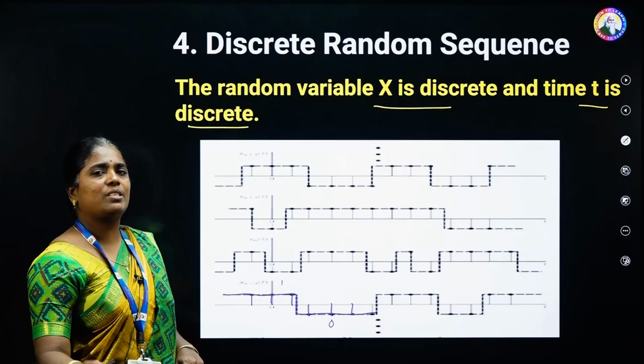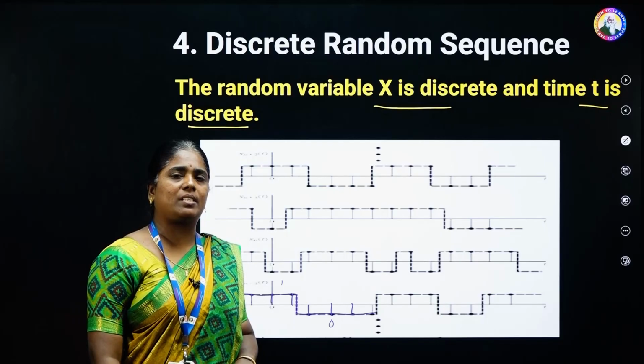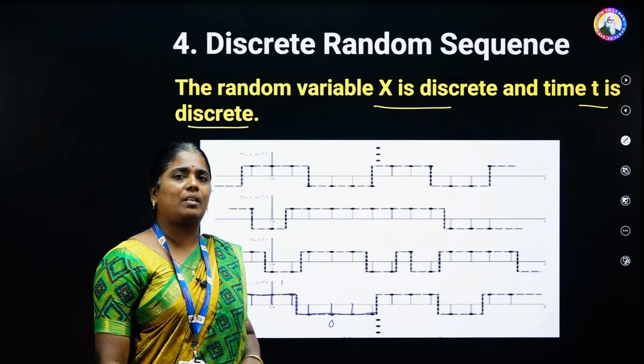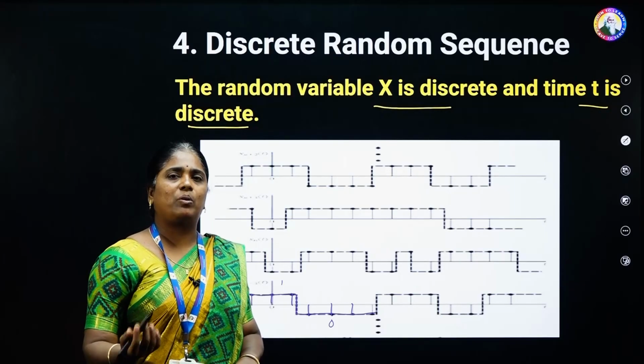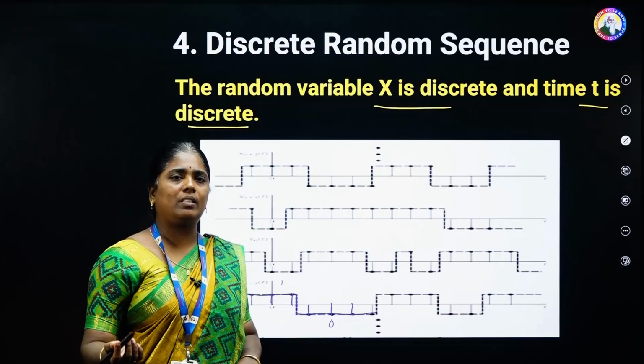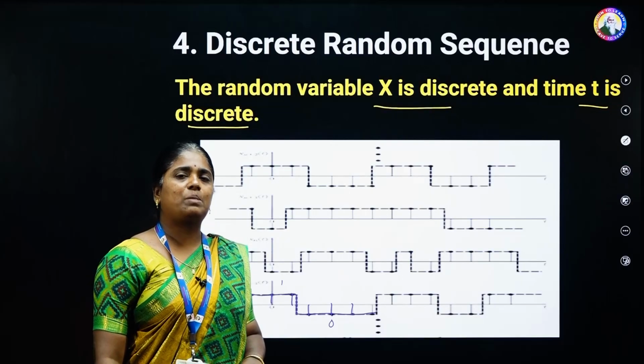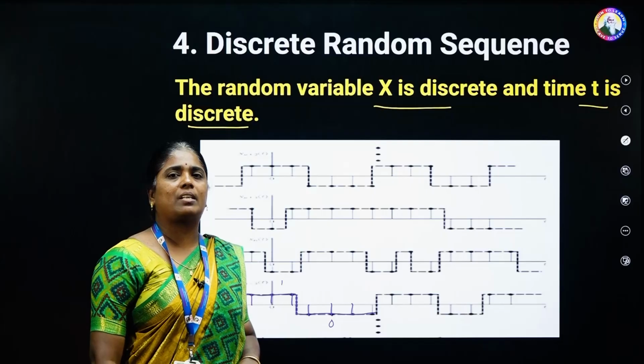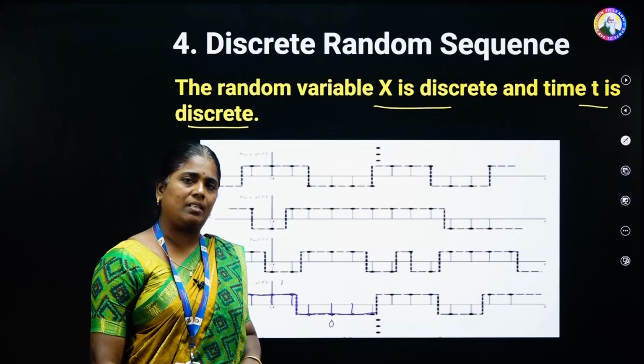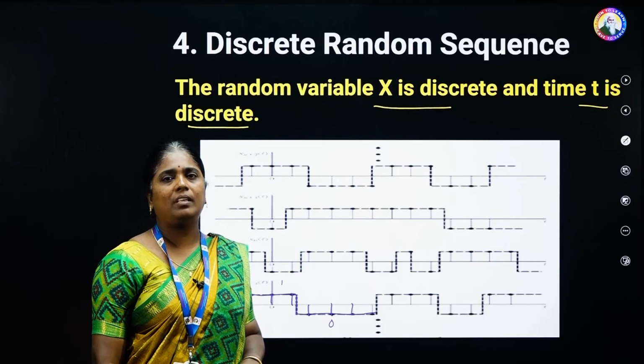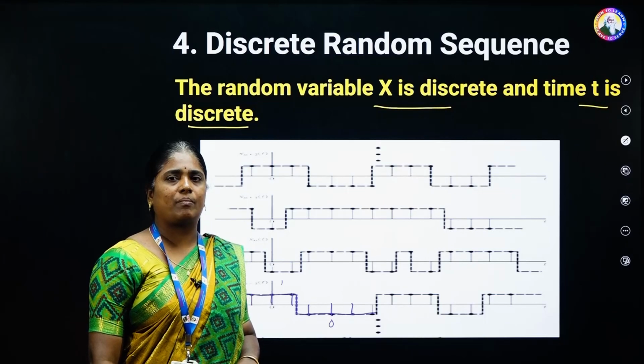Having examples for all these random processes, let us consider the continuous random process. Suppose I am talking in the form of a signal, where time t is continuous as well as the random variable. The speech signal is an example of a continuous random process.